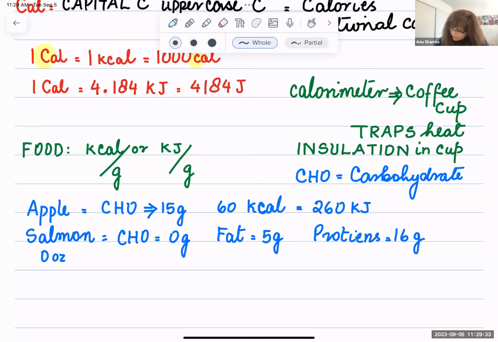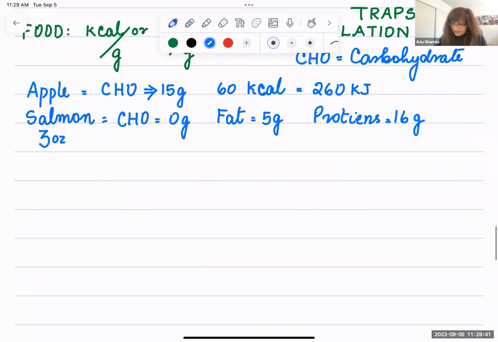So all these things are present in the salmon. The total energy you get from salmon is 110 kilocalories, and this is also equal to 460 kilojoules. So this information and much more similar information is found in food labels, right?